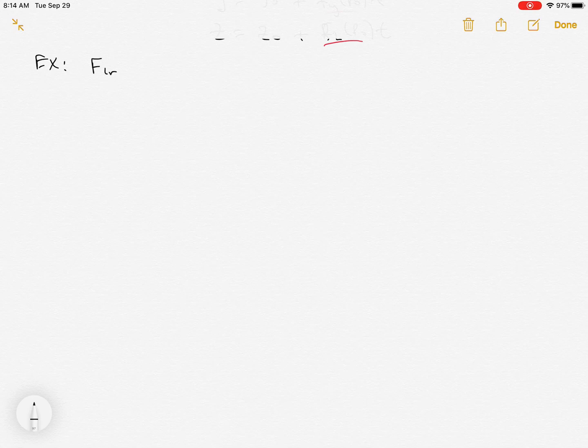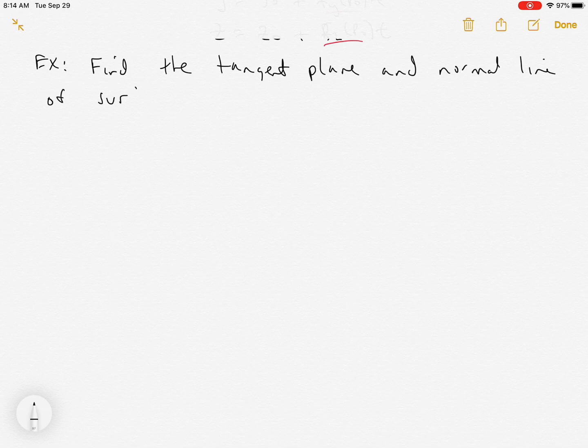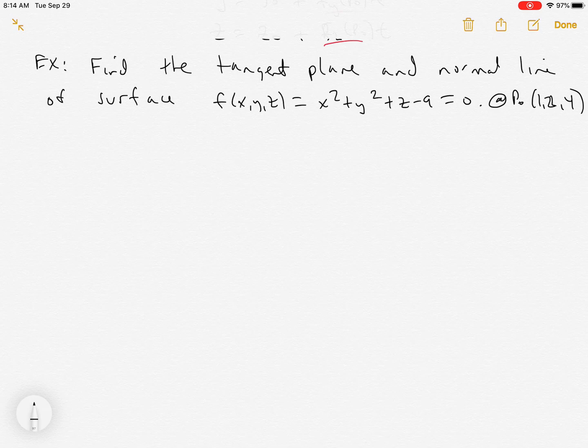We want to find the tangent plane and normal line of the surface f of x, y, z equals x squared plus y squared plus z minus 9 equals 0, at the point 1, 2, 4.